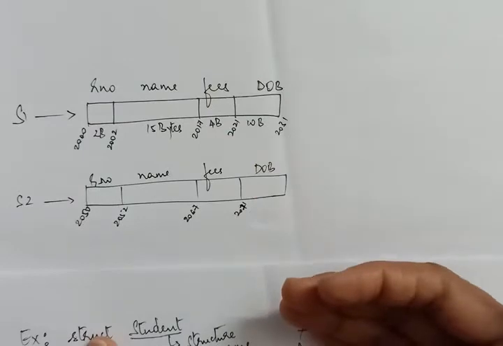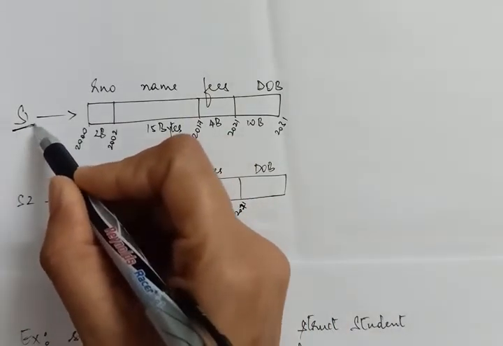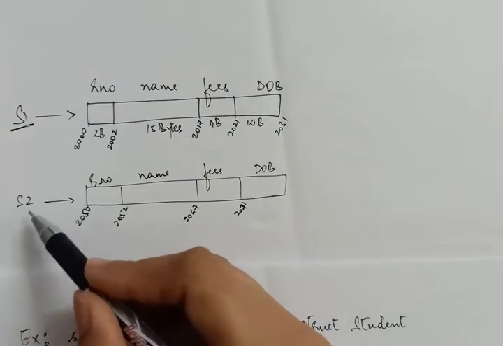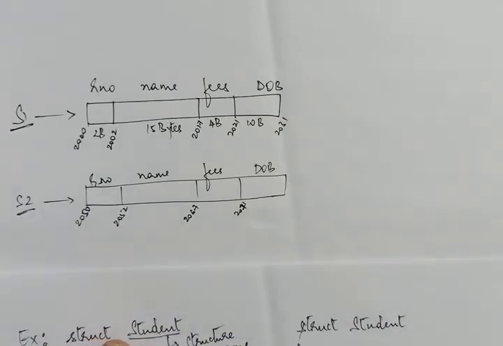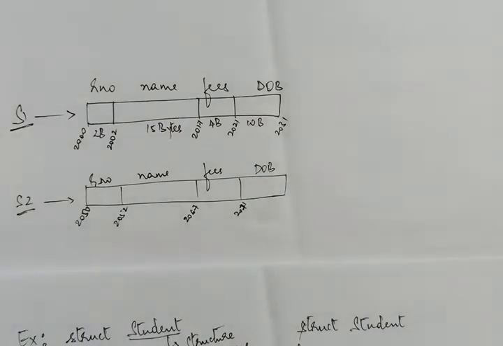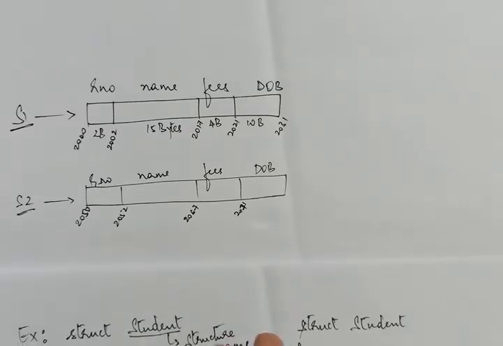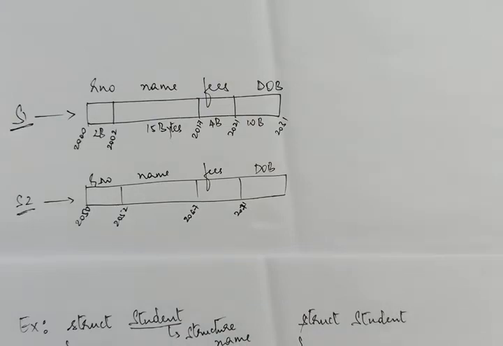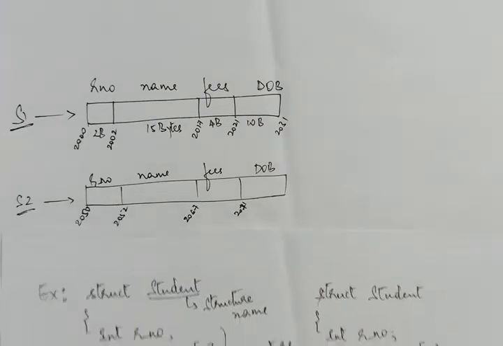You need to observe that S1 holds the student 1 record and this holds the student 2 record, that is, they hold the details of different students. If you have to create 5 student records, then you could have 5 different variables of structure student type. Or you can have an array of structures as well, but as of now let us not look into that aspect. We'll come back to the simple ones, just to see how a structure variable stores the value.